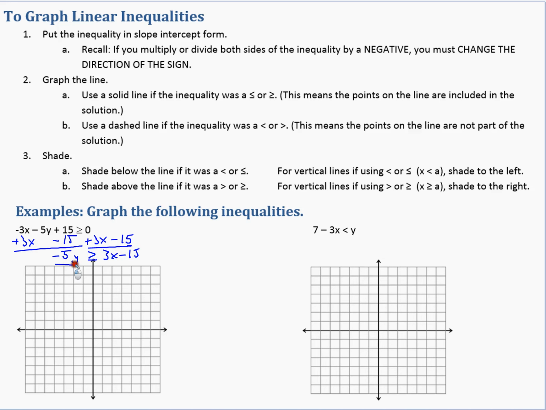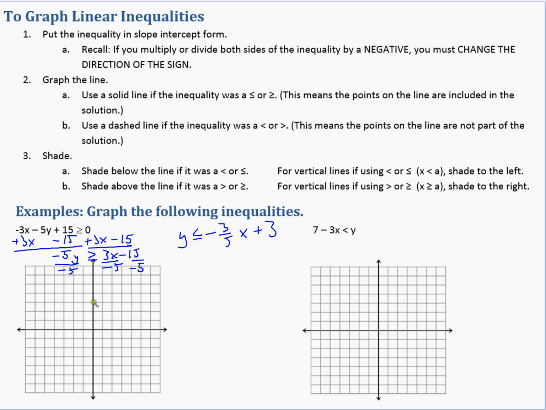And then we're going to divide both sides by -5. And we are dividing by a negative, so we do need to switch the direction of the sign. So this is going to be y is less than or equal to -3/5 x. And a negative divided by a negative is positive, so +3.